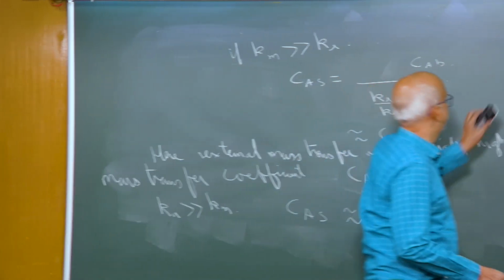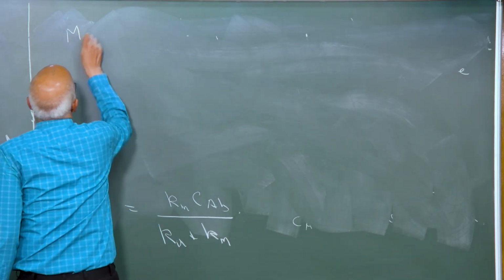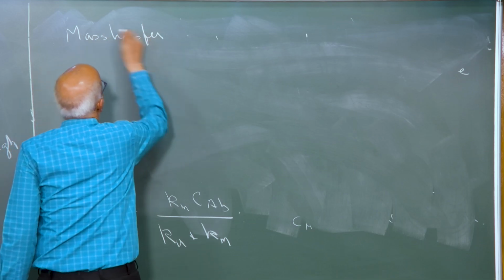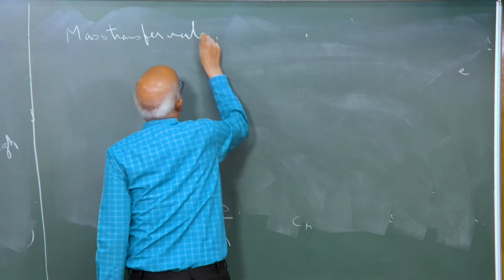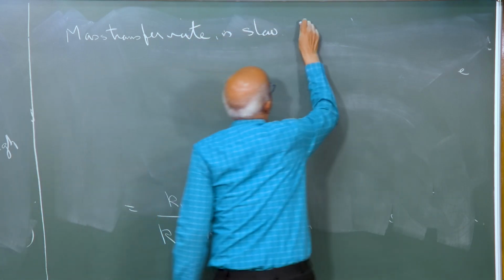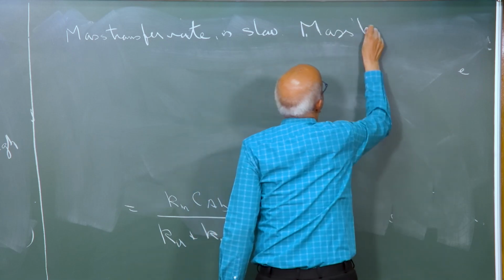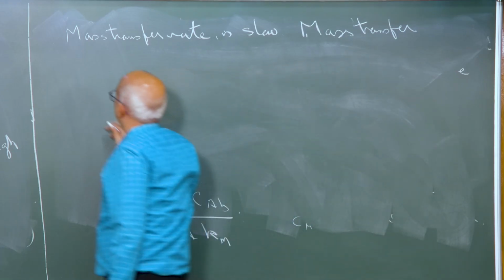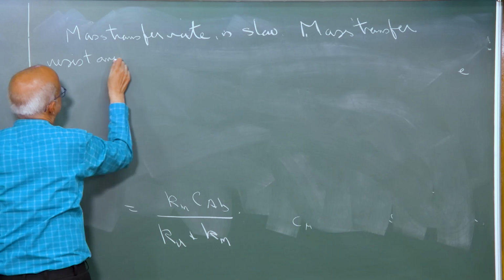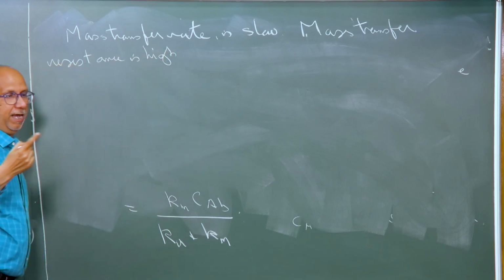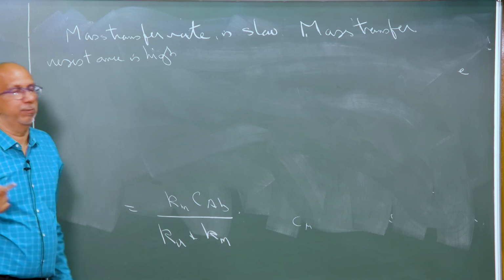So, basically here mass transfer rate is slow, mass transfer resistance is high, and so the external mass transfer is rate limiting, okay.